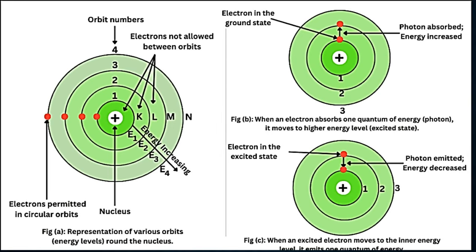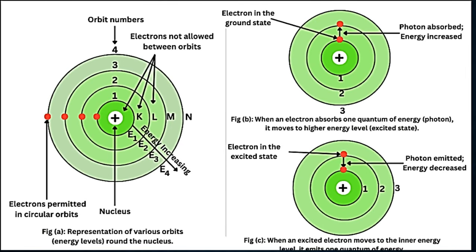That energy released or absorbed is what we refer to as a quantum, a specific amount of energy. So all the energy levels here are quantized. Quantized means that the energy level has a specific amount of energy, in the form of a quantum.